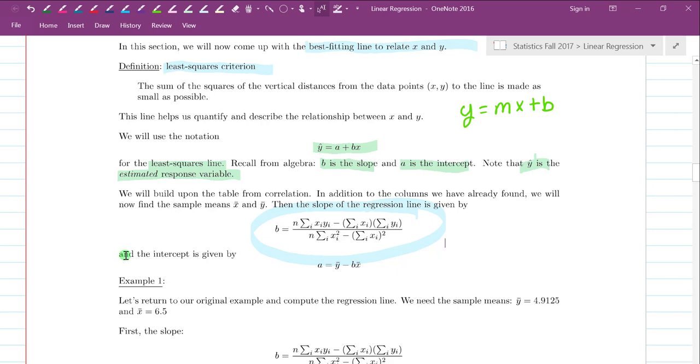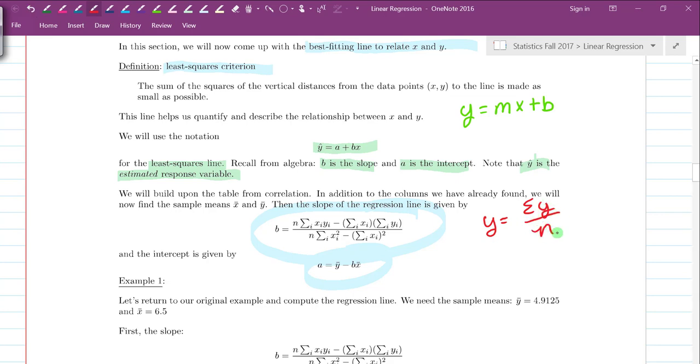And then we have the intercept, a, which is equal to y bar minus b times x bar. And what would y bar equal? Let's think about this for a second. Y bar would equal the summation of y divided by our sample size.